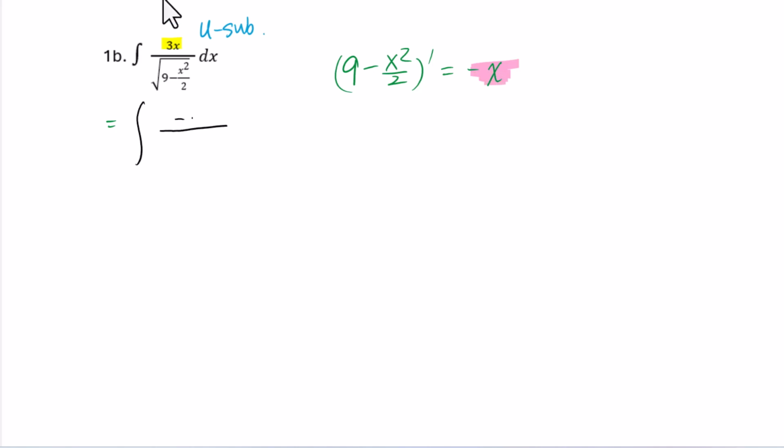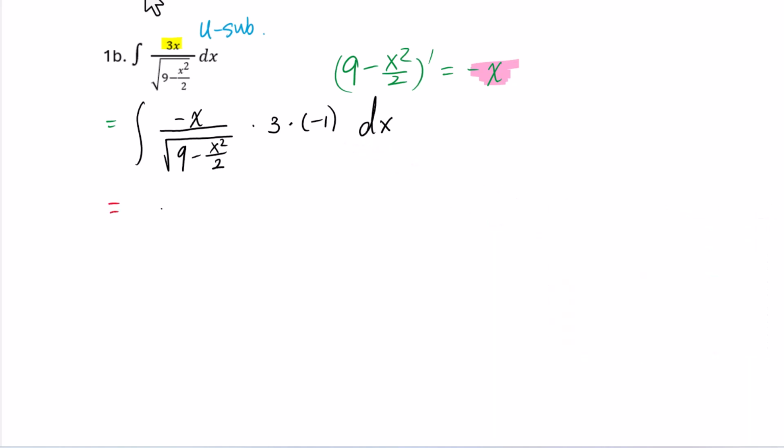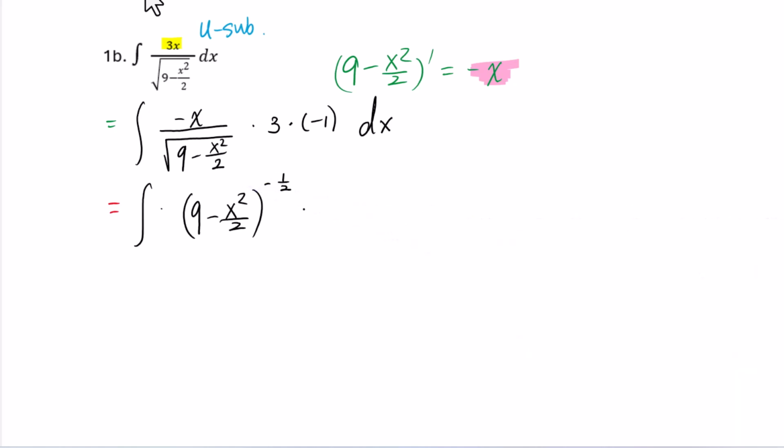Integral of negative x over square root of (9 minus x squared)/2, times 3 brought down, then times negative 1, dx, equals integral of ((9 minus x squared)/2) to the negative 1/2 power times the derivative of (9 minus x squared)/2, which is negative x, times negative 3 dx.